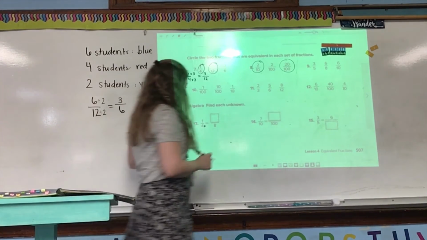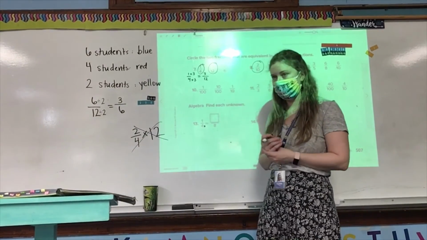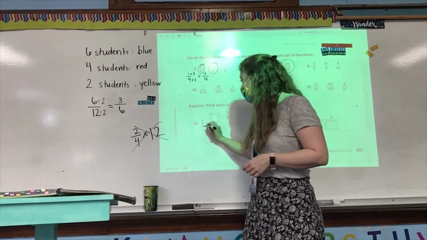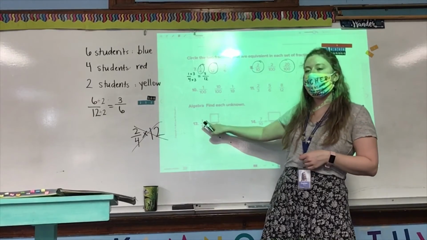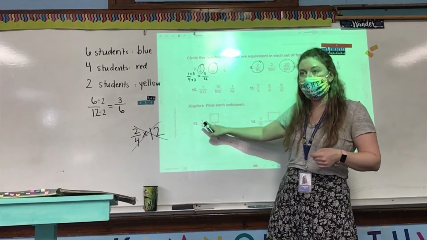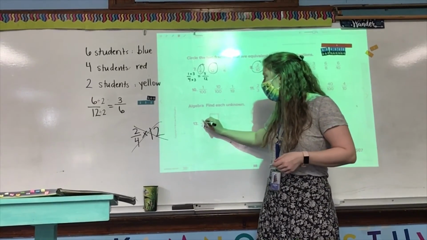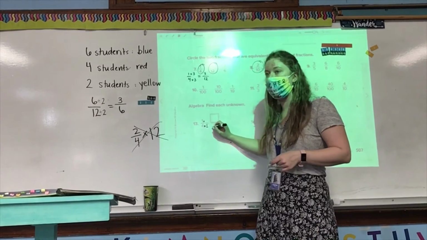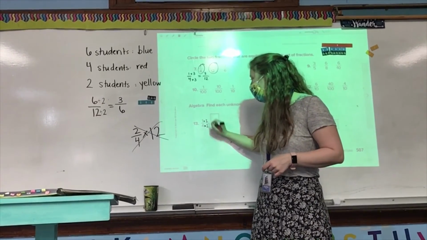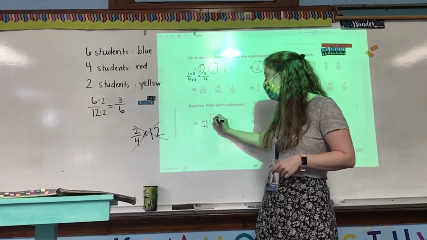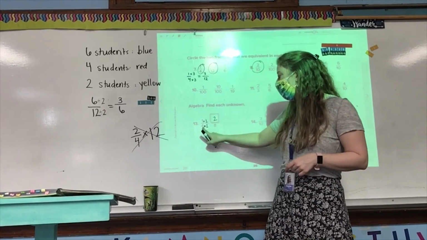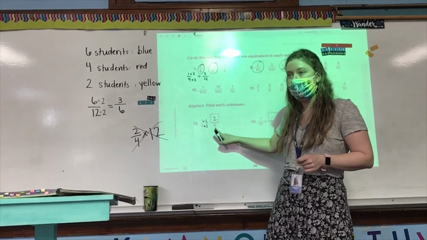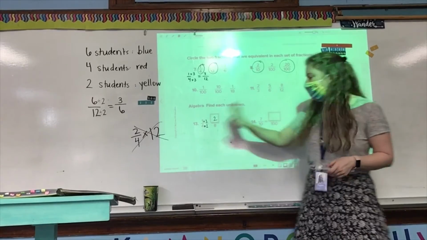Mason, 4 times what equals 8? 2. Are we going to multiply our numerator by something different? No. So we're also going to take 1 and multiply it by 2. 1 times 2 is? 2. So that means 1/4 is equivalent to 2/8.